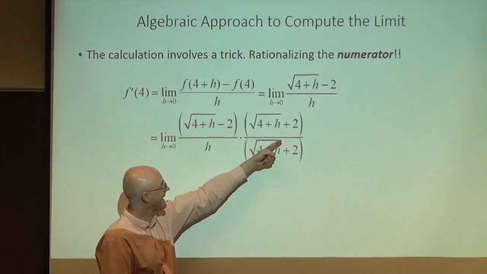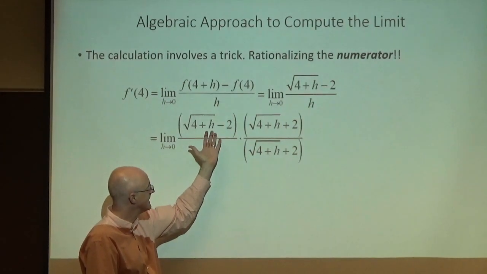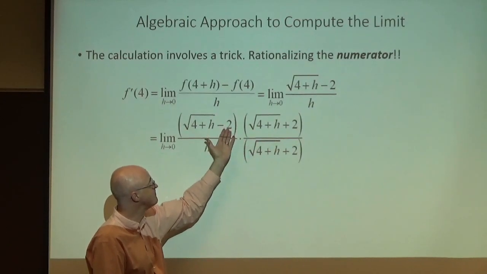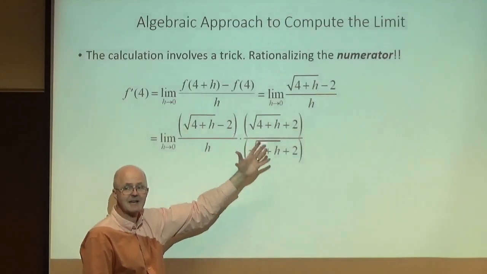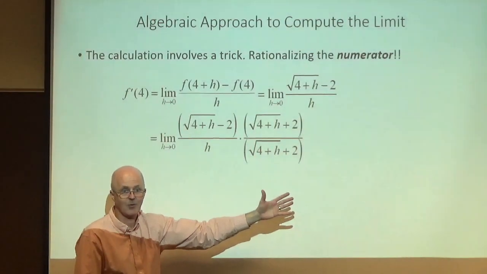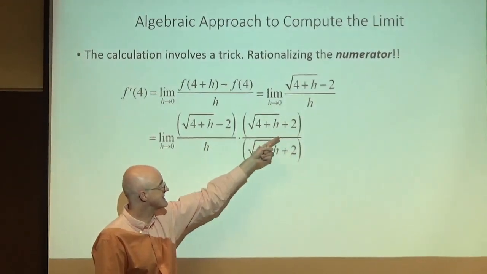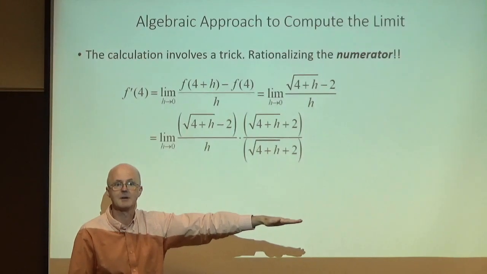Outside times outside still has a square root, 2 square root of 4 plus h. Inside times inside also still has a square root, but it's a minus 2 square root of 4 plus h. The outside and inside products cancel. One's a plus, one's a minus. Then last times last is negative 2 times 2, which is negative 4. The square roots completely go away in the top.